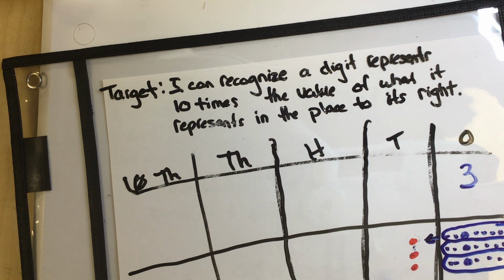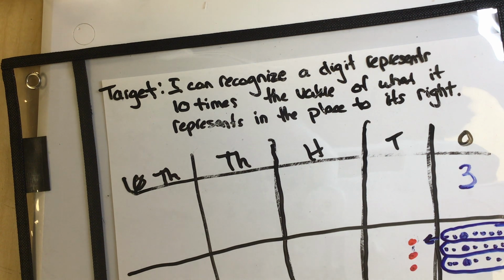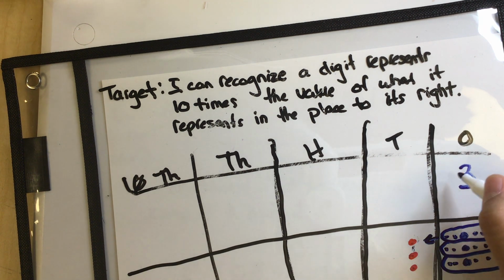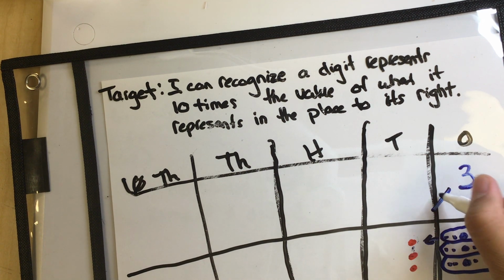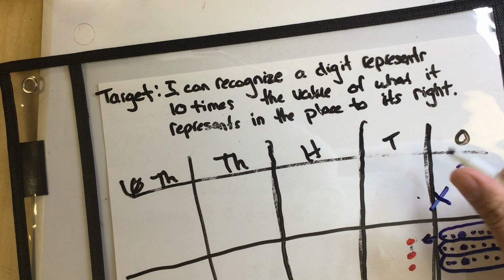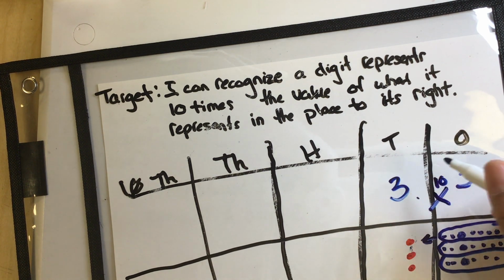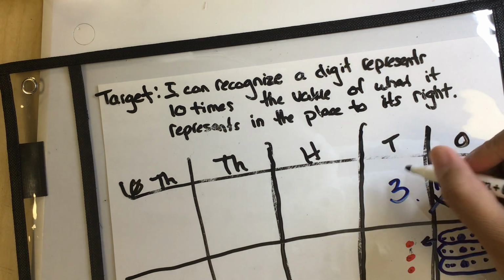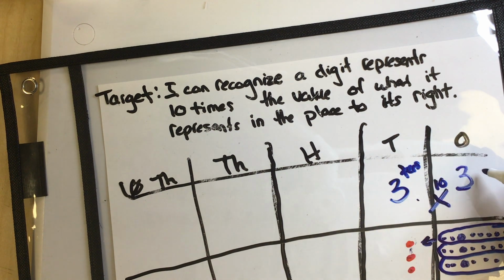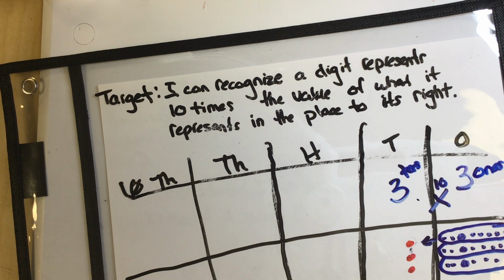So in our tens value, it is 10 times the value of what we originally started out with, which was 3. So to show that here, times 10, that's going to be 3 tenths. So we start out with 3 ones, times 10 will get us 3 tens, which is 30. Okay?